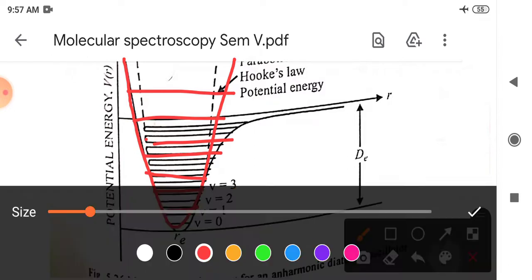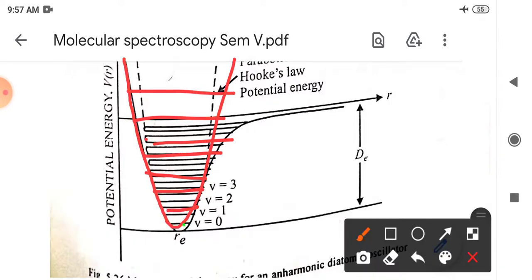But for the anharmonic oscillator, instead of getting this symmetrical curve, we get some unsymmetrical behavior, and due to this the potential energy change is quite different from the expected ideal behavior.